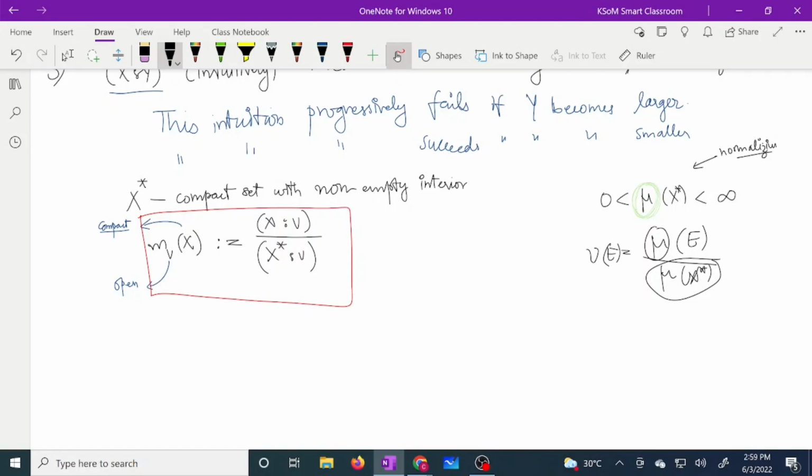there is one theorem about any two Lebesgue measures.